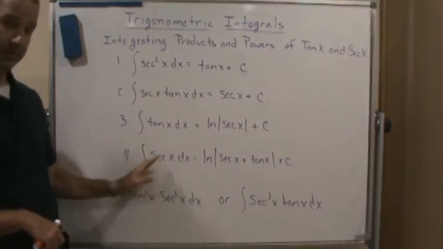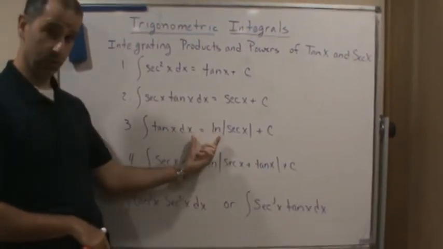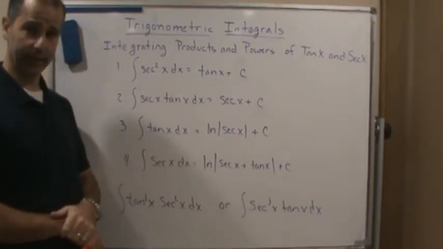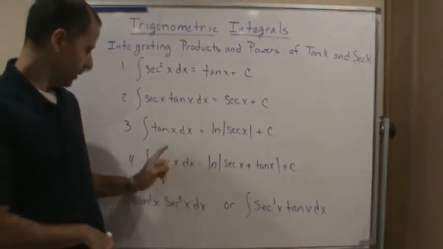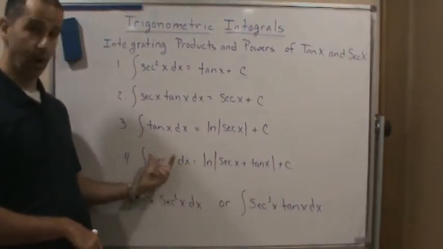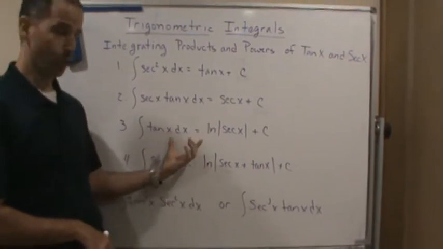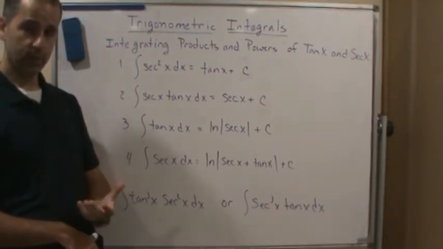Now you can derive these by doing some substitutions of identities, but they're pretty complicated. And these come up so often when you get tangent and secant that you're going to want to know these, because you're not going to want to keep deriving these results by using substitution.